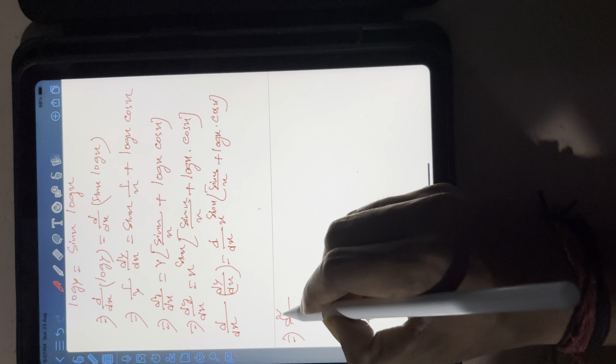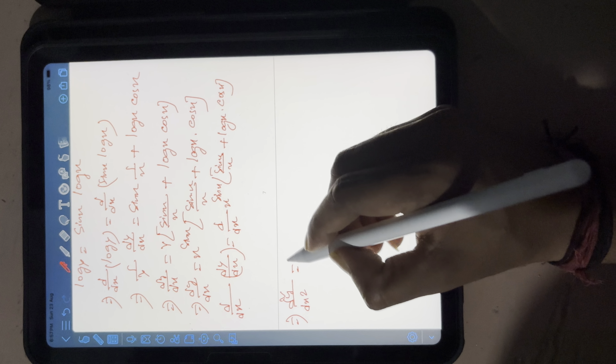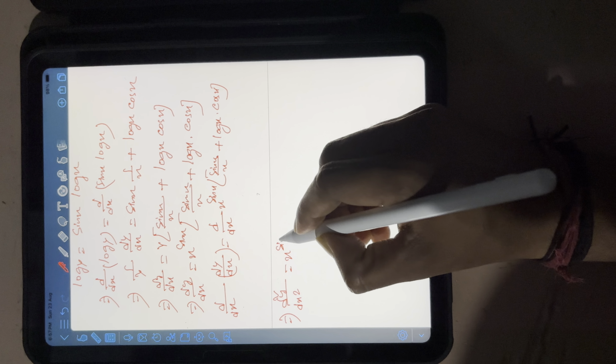It will become d²y/dx². After that, x to the power sin x.